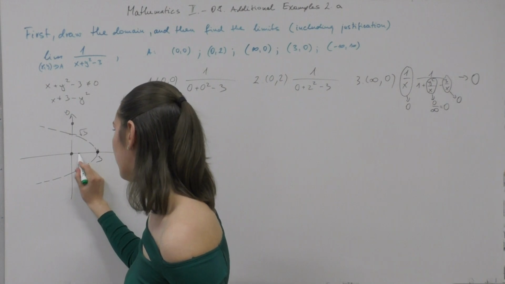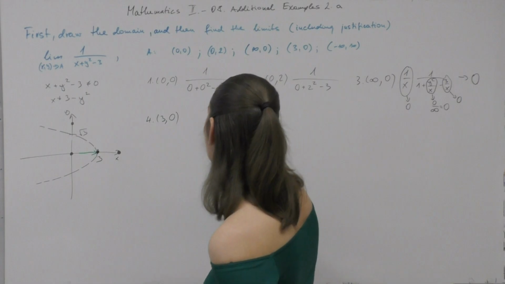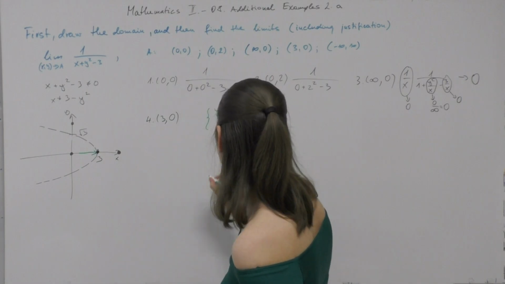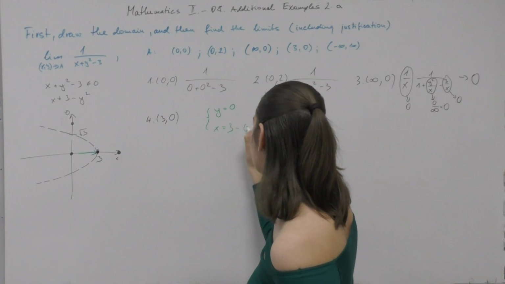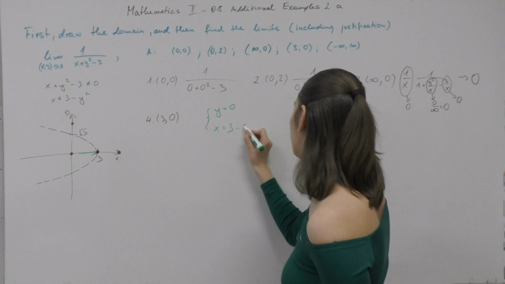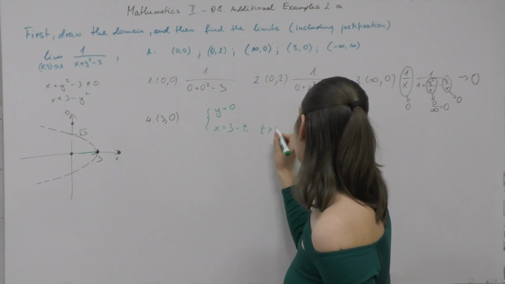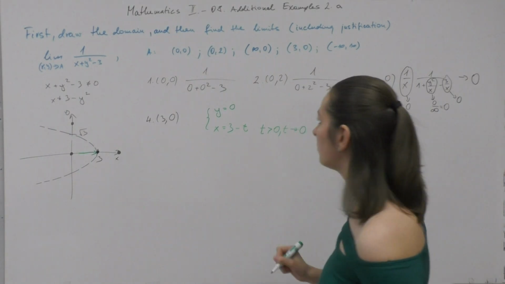So, for example, the first path can be this one, where y is 0 and x is 3 minus t, where t is positive and t goes to 0.